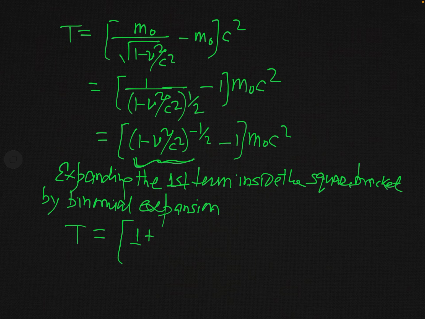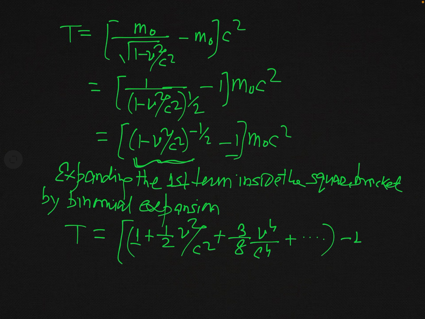When we expand this first term by binomial expansion, then T will be equal to 1 plus 1 over 2 v square by c square, plus 3 over 8 v4 by c4, plus so on, and minus 1, into m naught c square.